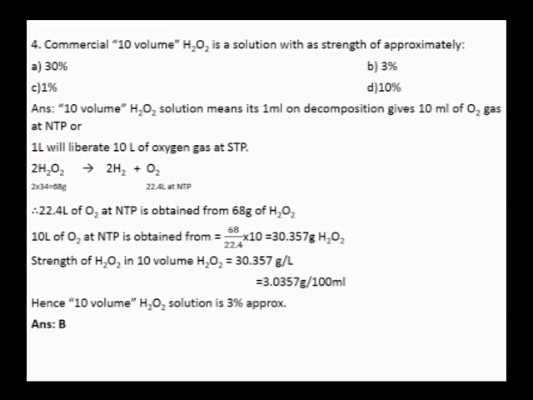So the fourth one: commercial 10 volume H2O2 is a solution with strength of approximately 30%, 3%, 1% and 10%. Normally the strength of hydrogen peroxide is expressed in terms of volume of oxygen liberated by 1 ml of hydrogen peroxide solution at STP.